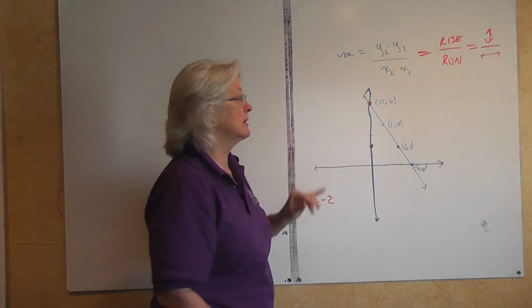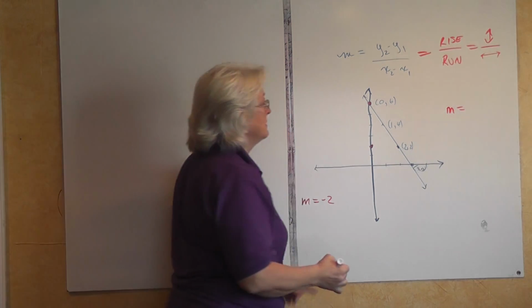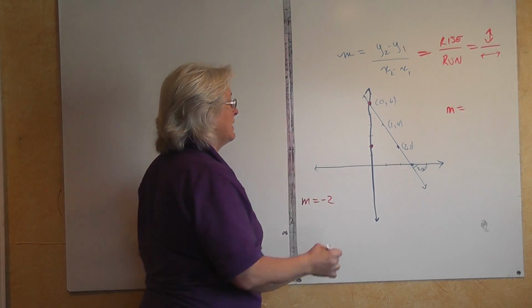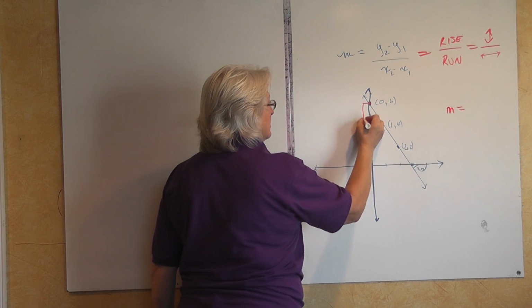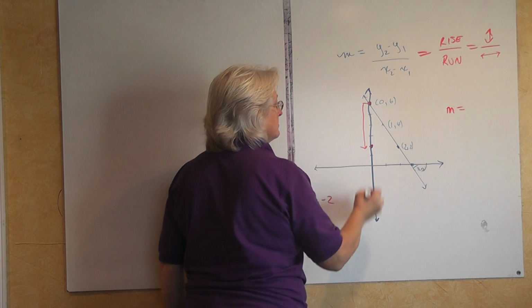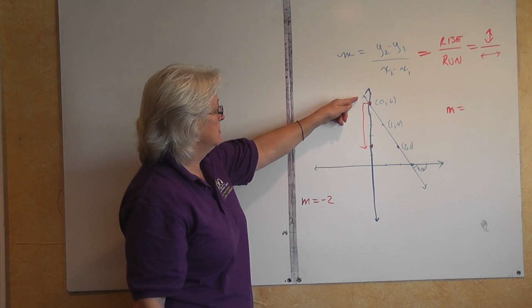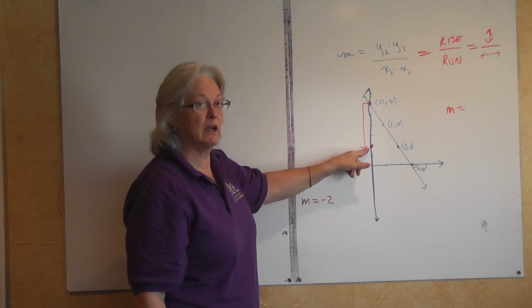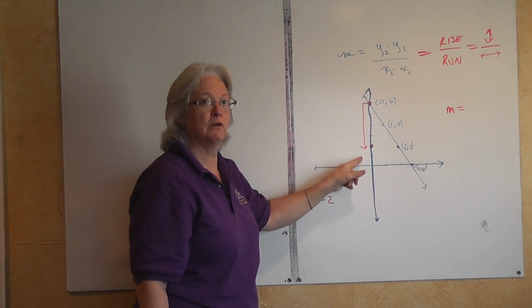How exactly are we going to calculate slope? We're going to say that the slope is our vertical change divided by our horizontal change. Now to get from here to here, what's our change? Well, we started at 6, we've gone down to 2, so we've gone down 1, 2, 3, 4.